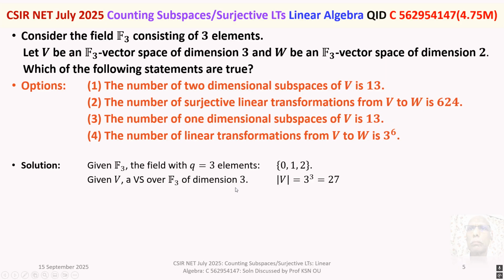That is, the number of elements present in V is 3 cubed, that is 27. W is of dimension 2 over F3. So, the number of elements present in W is 3 squared, that is 9. Let's now discuss the options one after the other.